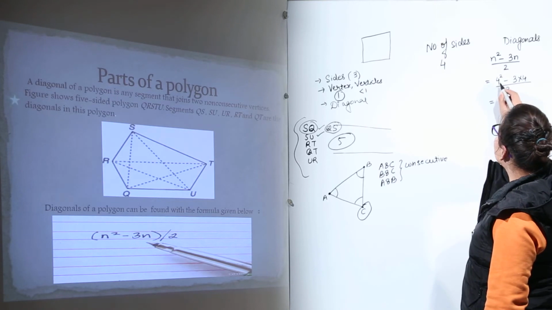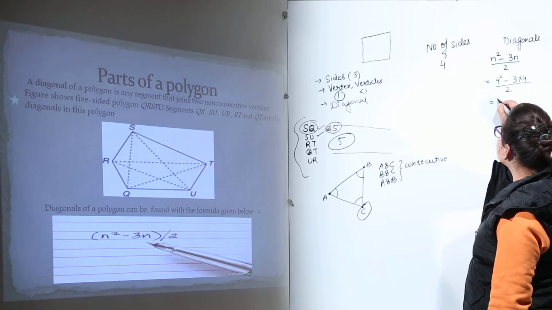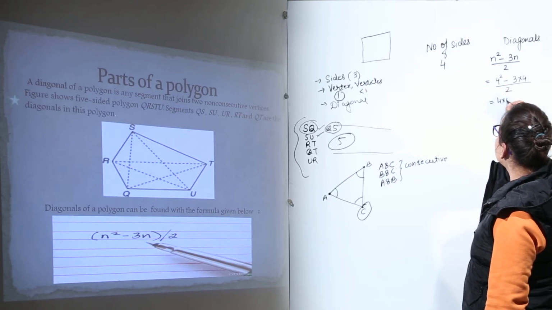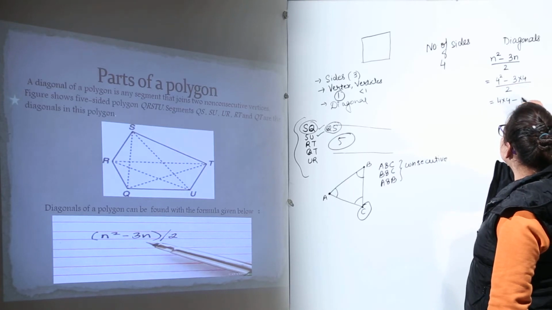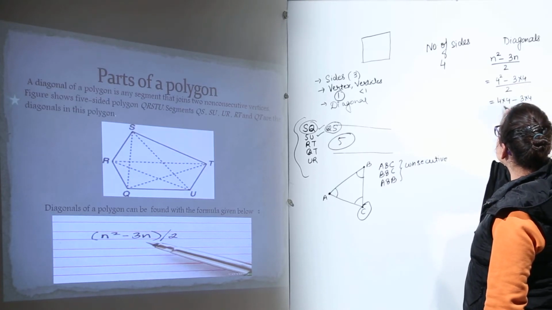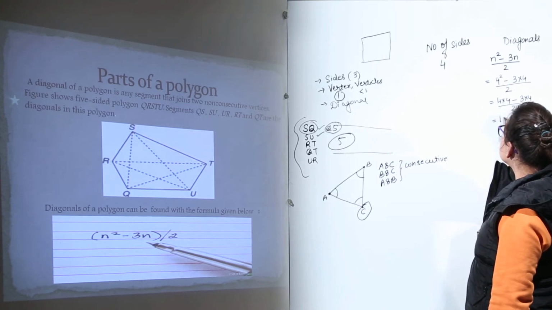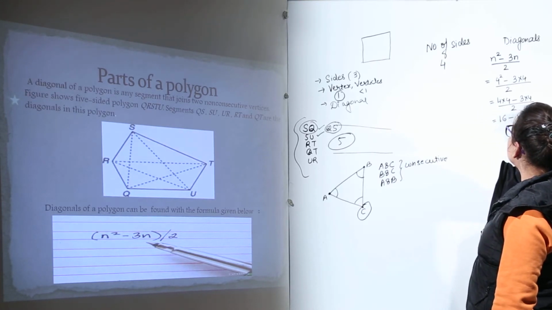What do we get? What is this 4 square? 4 square means 4 into 4 minus 3 into 4 as it is, and you write the denominator. Now 4 into 4 is 16 minus 3 4s are 12 whole divided by 2.